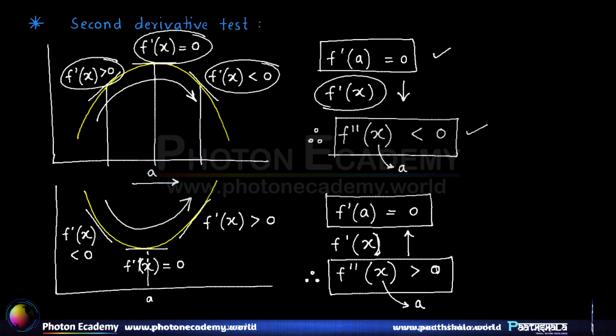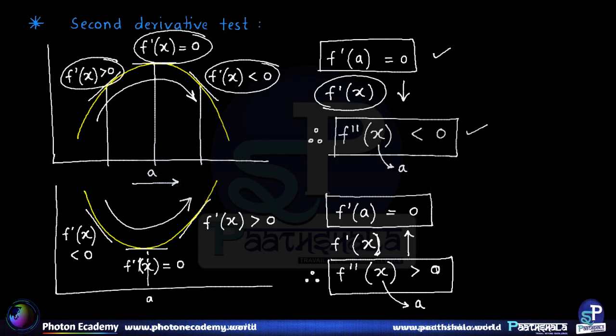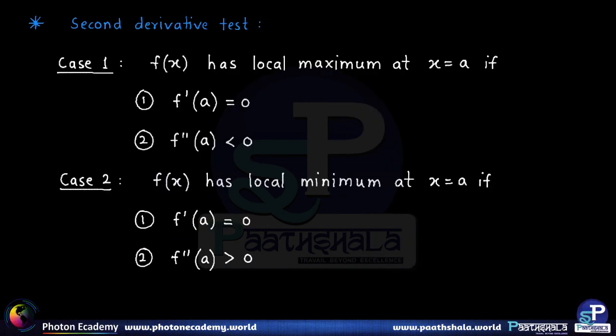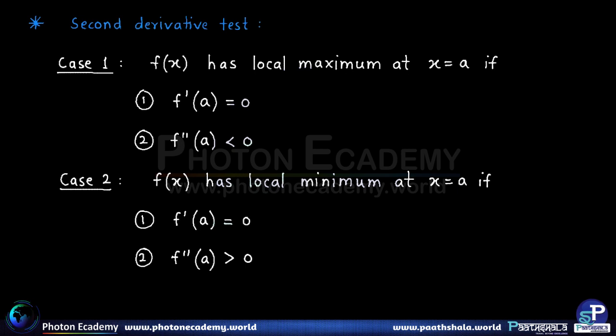Right? So let us go ahead and summarize the conditions for the second derivative test. In case 1, f of x has a local maximum at x equal to a if f dash of a is 0 and f double dash of a is negative.